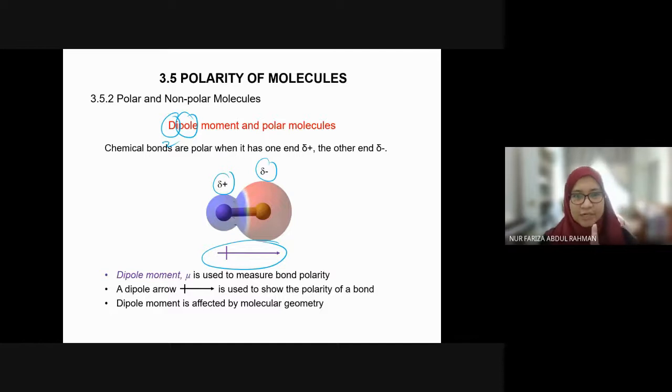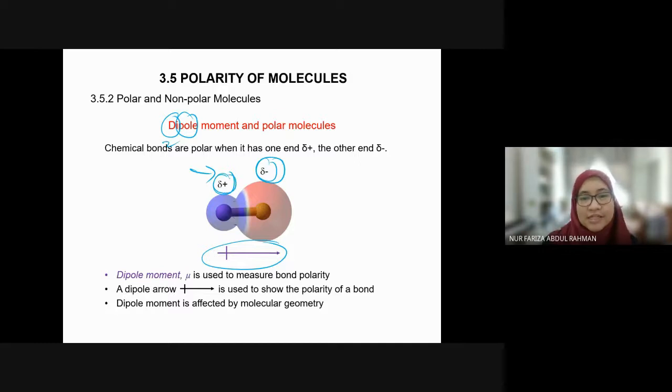Dia tak share sama kan, so dia tertarik. It is pulled toward the other atom. So that means yang seorang lagi yang aku dah elektron dah tertarik ke sebelah sana, so that side would be slightly positive, this one would be slightly negative, because the electron is now pulled towards itself.